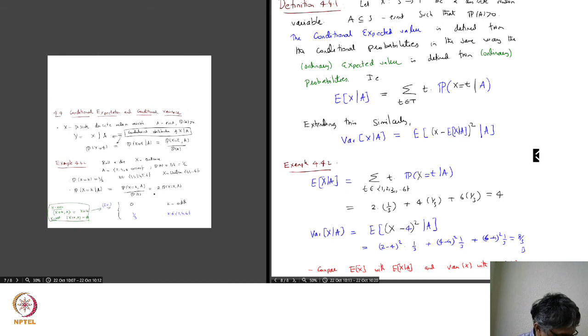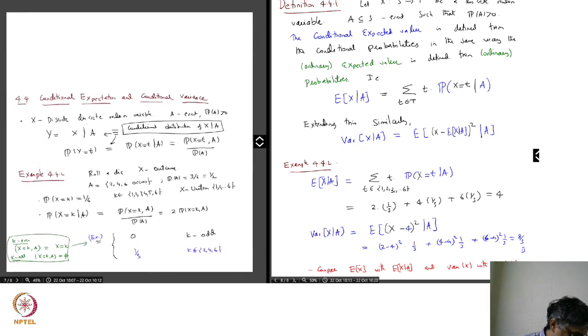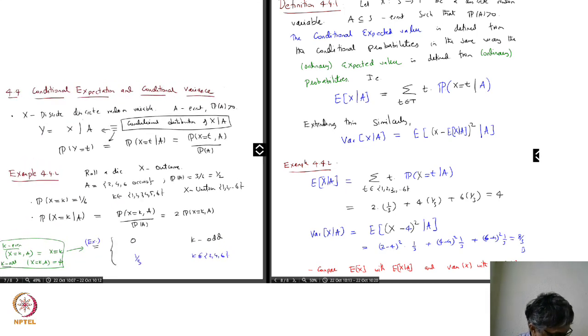So now, the idea was that if you give an event A, the random variable changes, and we have seen this many times before. We understood that the conditional law definitely changes. For example, it goes 1/3 for all these values and 0 otherwise. The conditional mean I defined using the conditional probabilities.